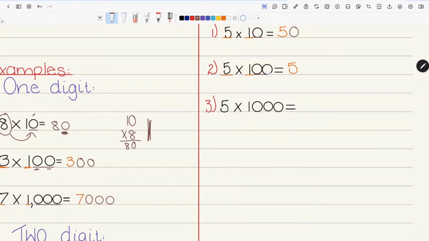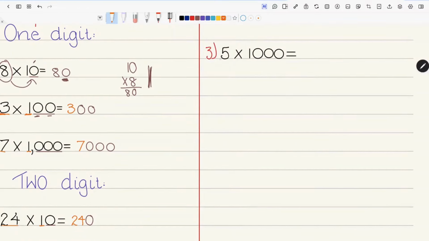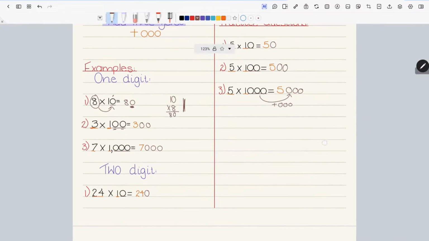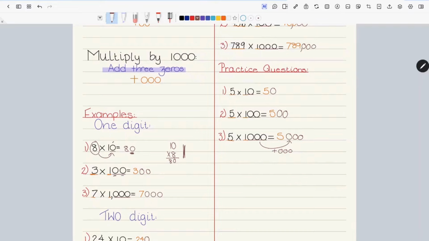And how many zeros are there in 100? 2, right? So you add 2 zeros. Next question. You have 5 times 1 gives you 5. How many zeros are there in 1,000? Hopefully your answer was 3. So you add 3 zeros. 1, 2, 3. Now those are your answers to the practice questions.